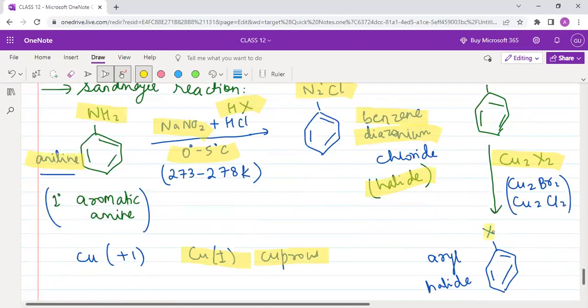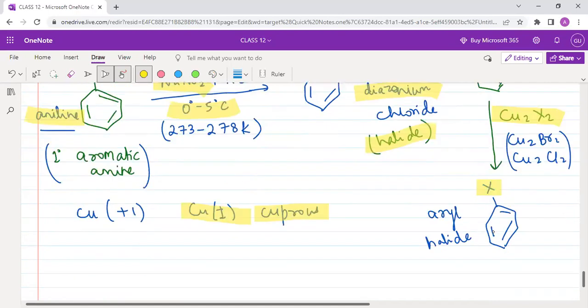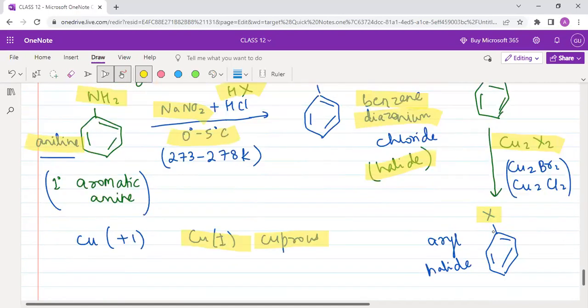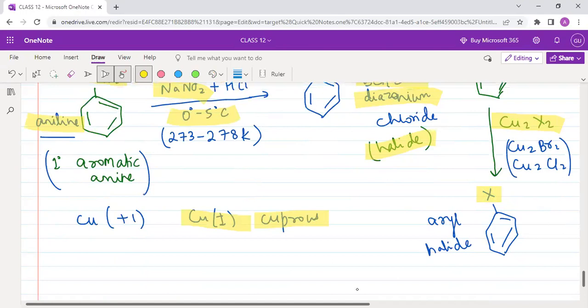So this halogen atom will come here. That means it will result in the replacement. So this way aryl halide can be synthesized using a primary aromatic amine. This is very important. So this is your Sandmeyer reaction. This way we can prepare chlorobenzene, we can prepare bromobenzene.